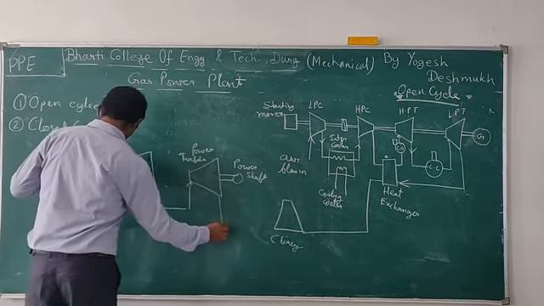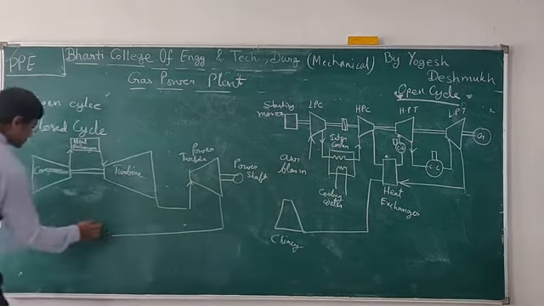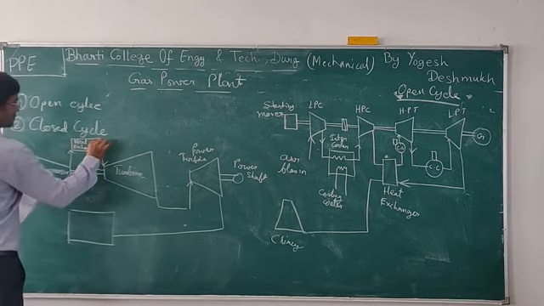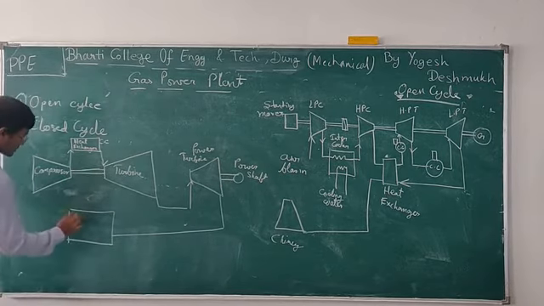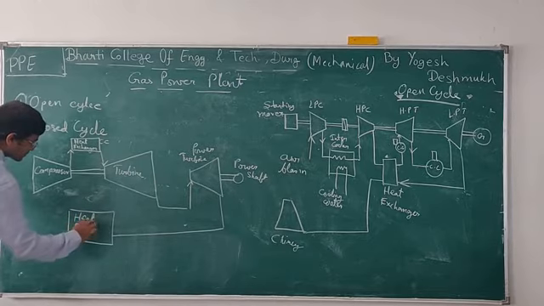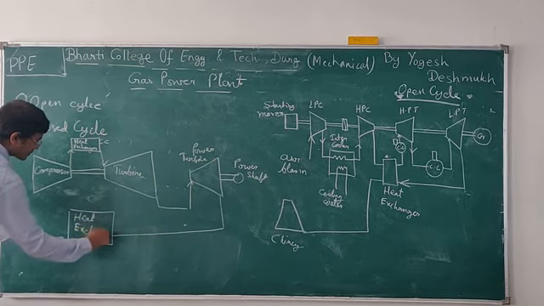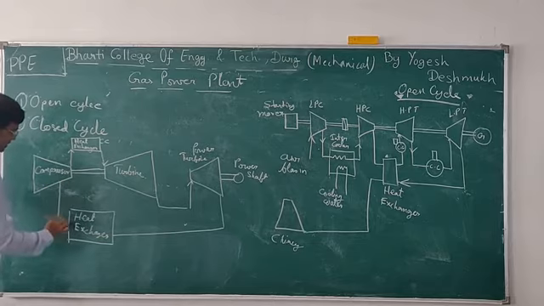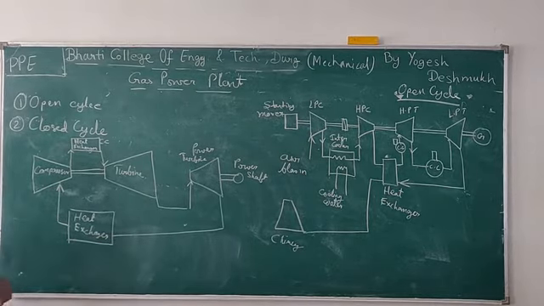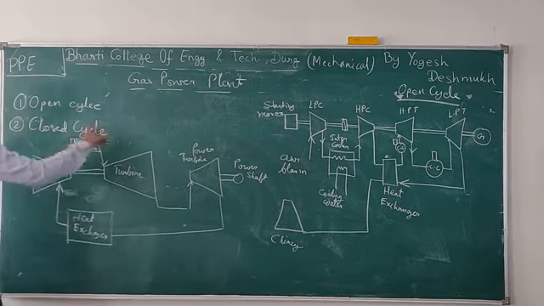Then this again leaves and enters the heat exchanger. This is the combustion chamber. The heat exchanger exchanges the heat, and then it again enters the compressor. This is the closed cycle.